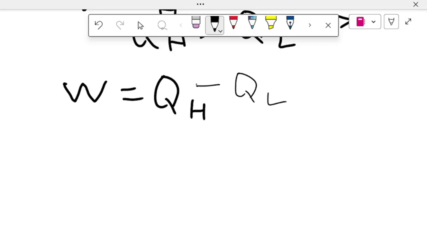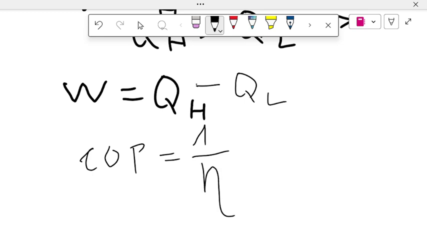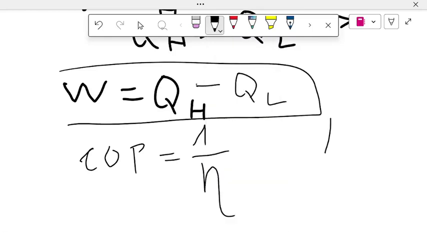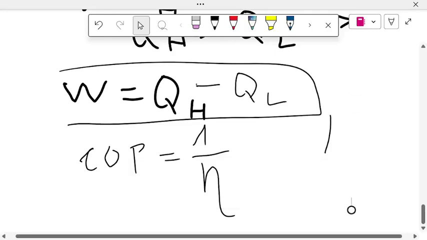Okay, so coefficient of performance must be somehow 1 divided by efficiency. But you see, this, okay, I will explain in a second.